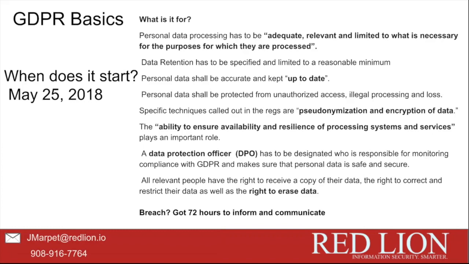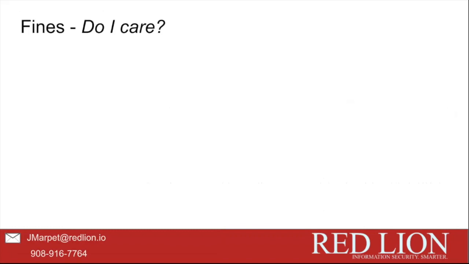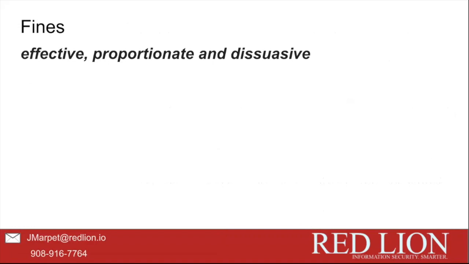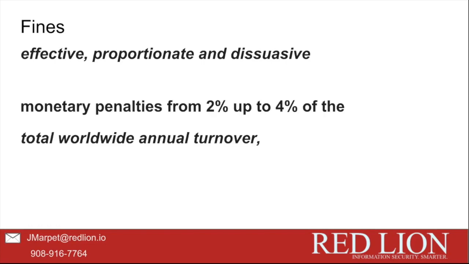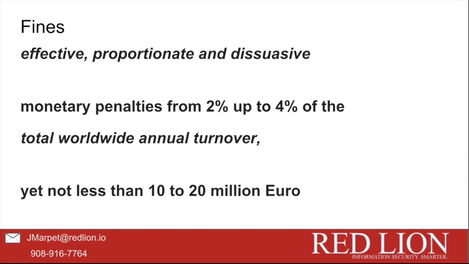Well, okay, do I need to? Well, I mean, I don't know. Do you care about the fines? They have to be effective, proportionate, and dissuasive. They're really going for the, we're going to punish you and make sure you never do this again. Okay, it's cute, but it makes sense. How do they do that? They're unpleasant. Let me be very clear. They're very unpleasant. Total worldwide annual turnover, that's revenue, not less than 10 to 20 million euro.